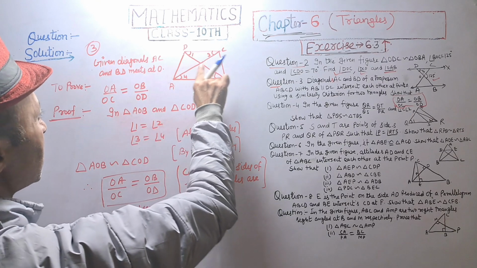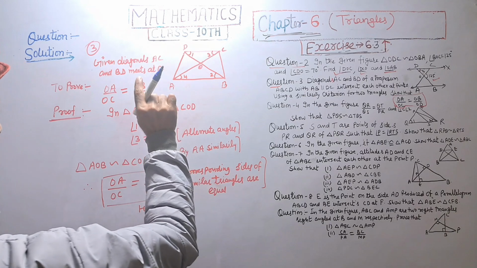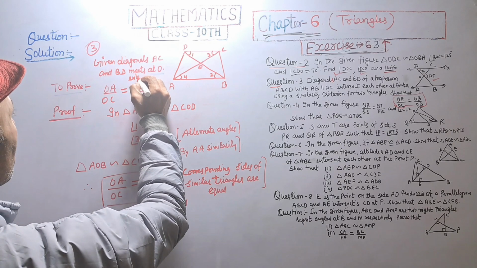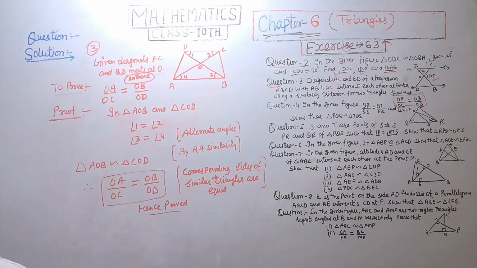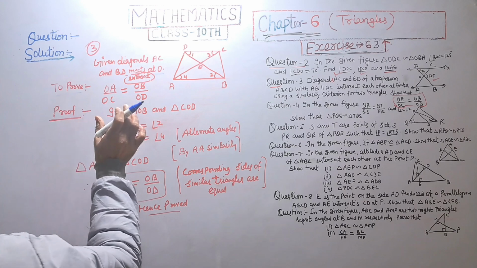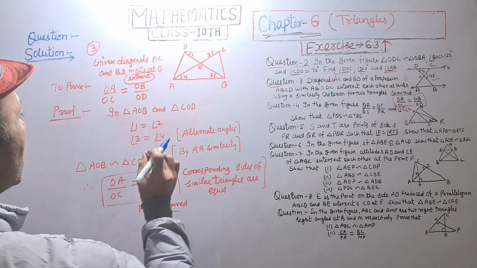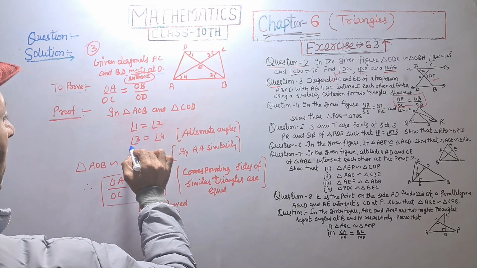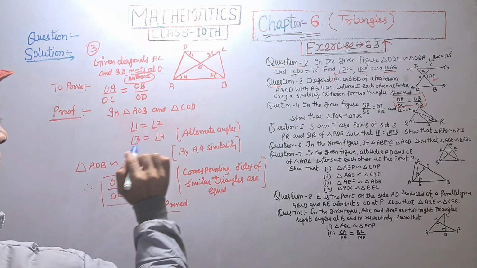Given diagonals AC and BD intersect at O. To prove OA upon OC equal to OB upon OD, in triangle AOB and triangle COD, angle 1 is equal to angle 2, alternate angles, angle 3 is equal to angle 4, alternate angles are equal.